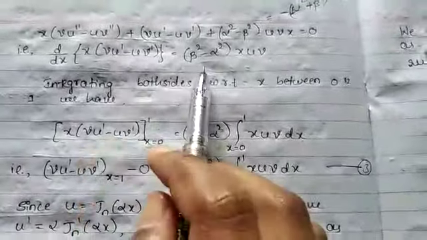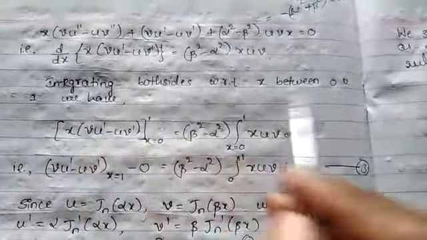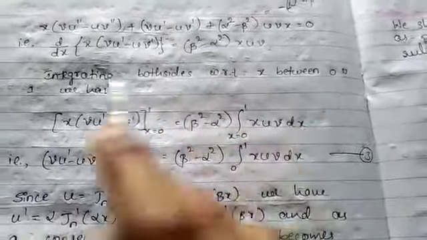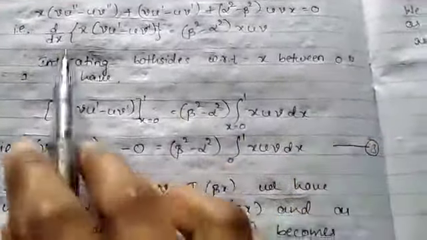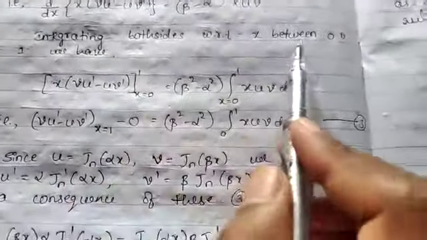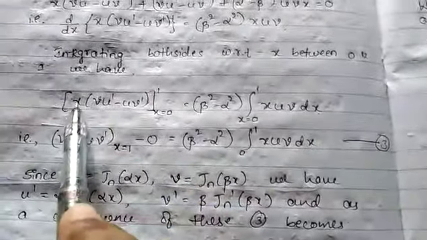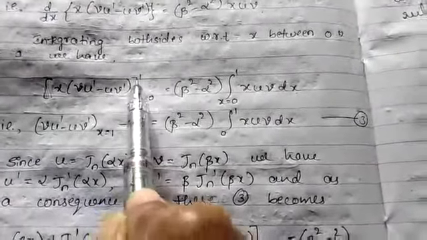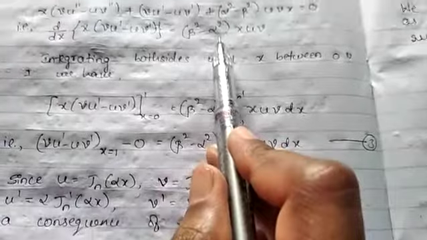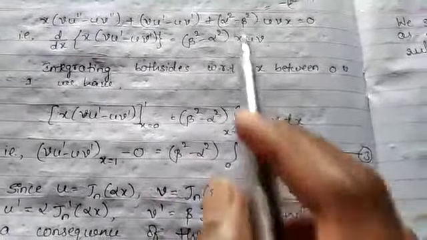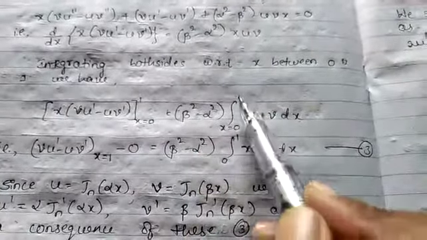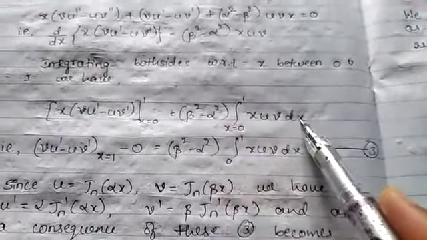Then integrating both sides with respect to x from 0 to 1, differentiation and integration get cancelled. That is, x v u dash minus u v dash from x equal to 0 to 1 is equal to beta square minus alpha square, which is a constant because these two are the roots, times integration from 0 to 1 of x u v dx.